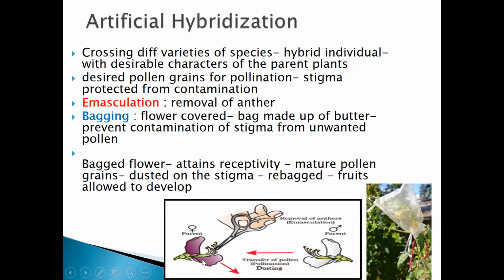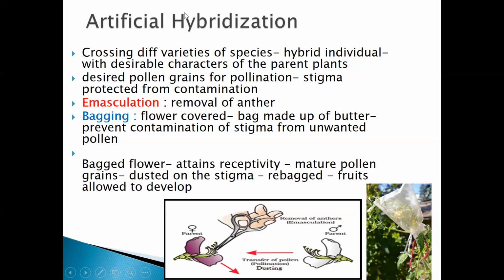Once the stigma becomes mature, we dust the pollen grain of datura on the stigma surface of the hibiscus, and once again rebag it so that there is no contamination again, and we allow it to develop into the fruit.